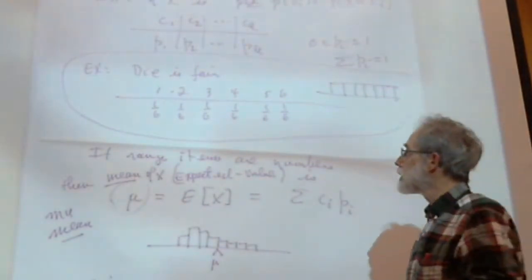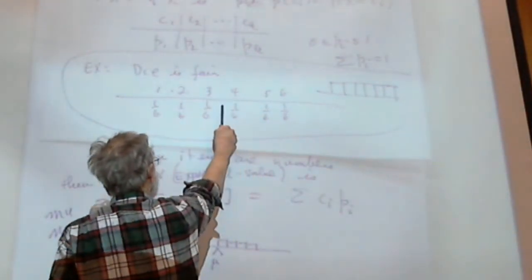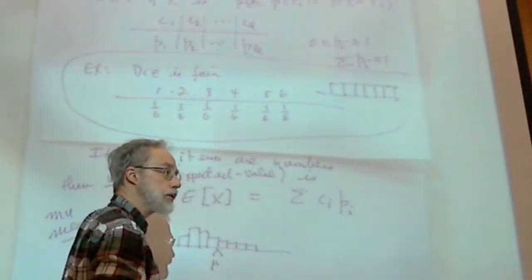Now, since we know it's the center of gravity, you can tell me the answer, right? If it's symmetric, it's got to be. So this better come out to be the middle, which is what, 3.5. So just the verification, you just do this, right? 1 times 1/6 plus 2 times 1/6, and so forth and so on.